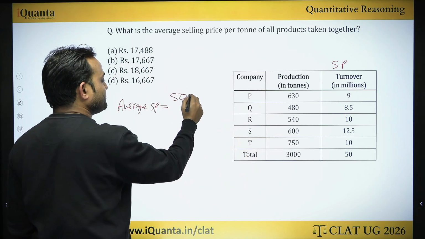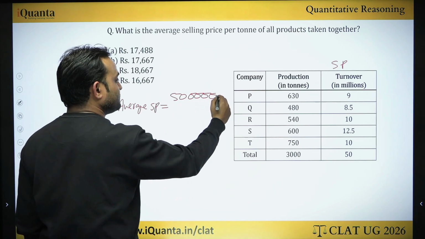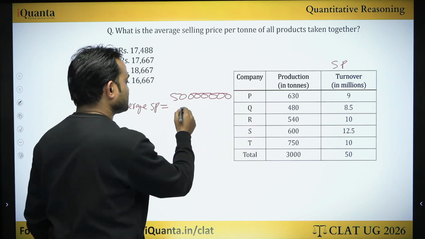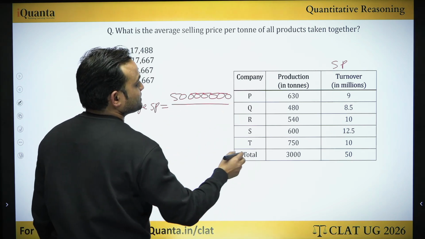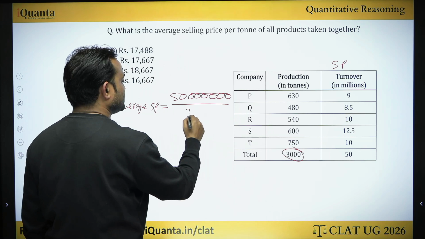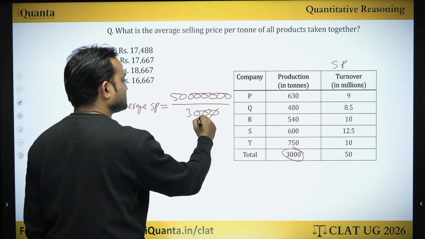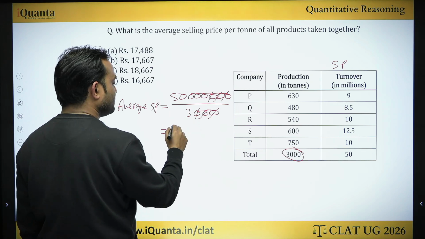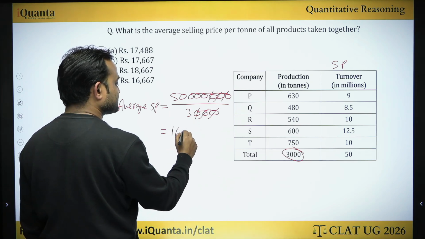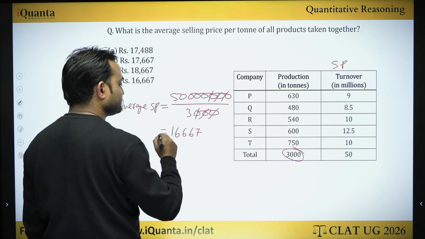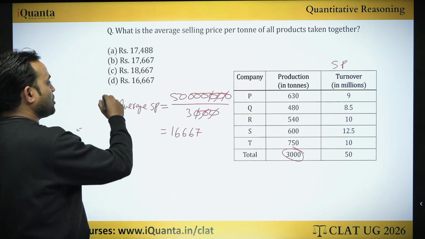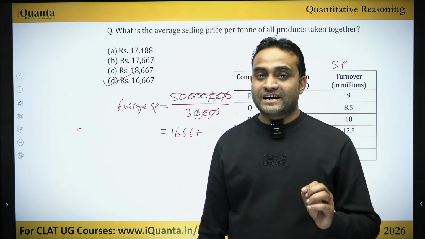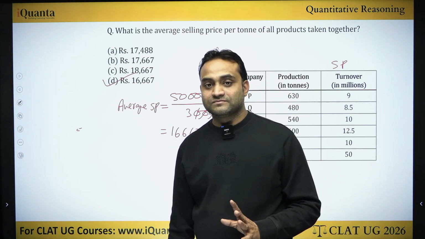So 50 million is basically 50 and 6 zeros divided by, what is the total production? This is 3000 tons. This is cancelled out. We get 50,000 by 3, which is 16667. Right. So if you check the options, option D is our answer, 16,667. Okay.